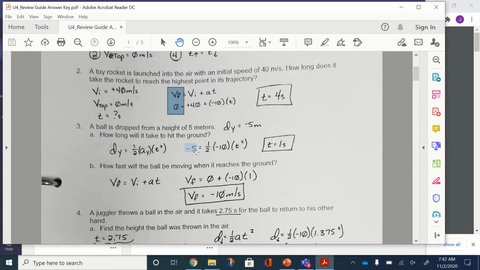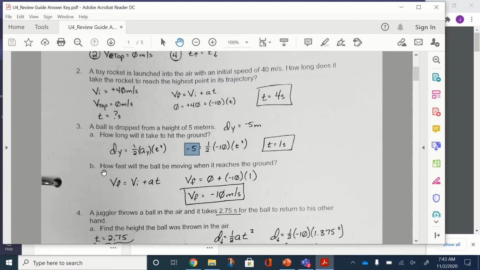Don't forget that your distances you fall need to be negative because gravity is also negative, right? -10 meters per second squared is always going to be gravity. And yeah, you absolutely do wind up with 1 second in the air. If you go back to assignment 2 in this exact same packet, you will have seen that after 1 second of free fall, we fell a distance of 5 meters. We had calculated it going the other way at the beginning of the unit when we started all of this.